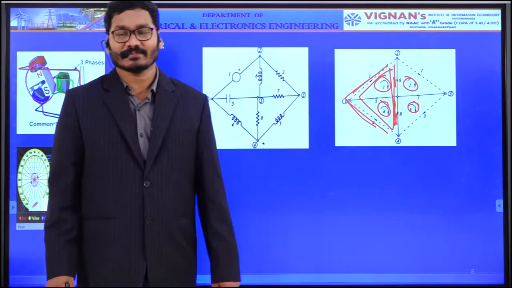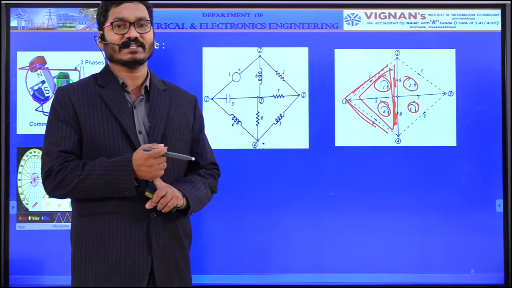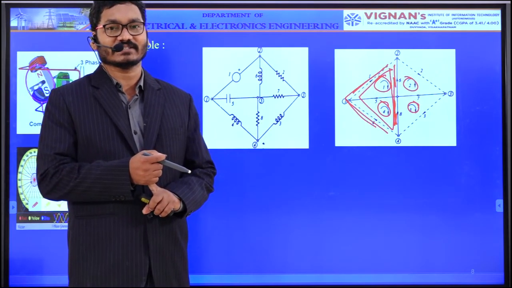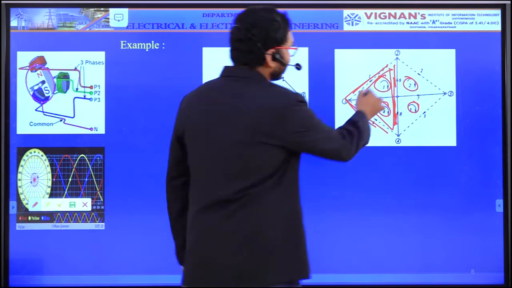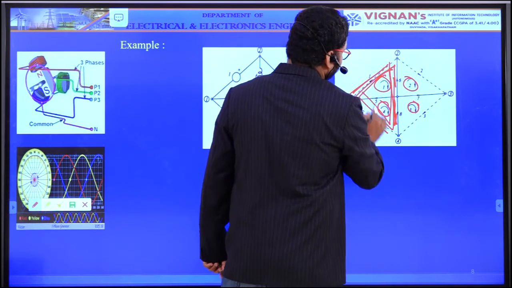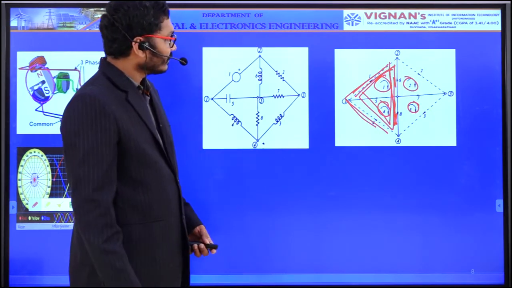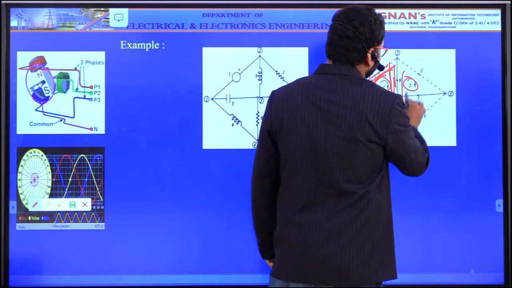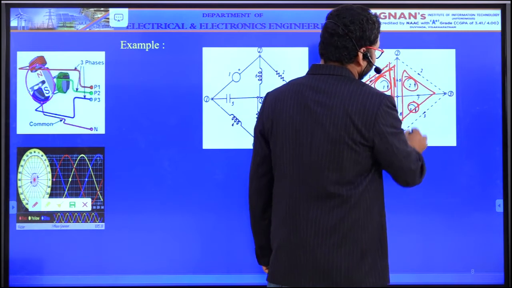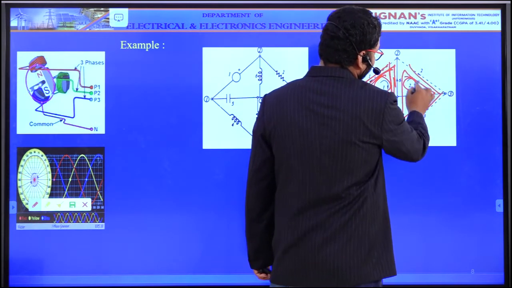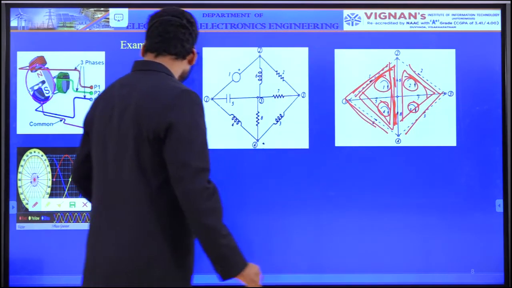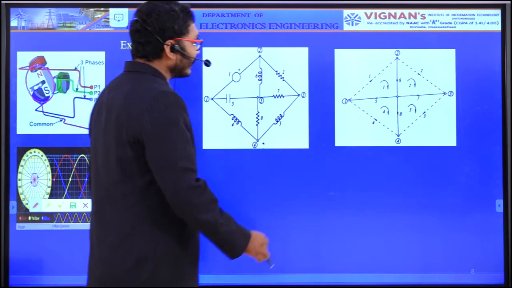But in a basic tie set, only one link branch should be there, the remaining should be tree branches. So this is not a basic tie set, and similarly this is also not a basic tie set, because two links are there in this loop. In a loop only one link should be there.